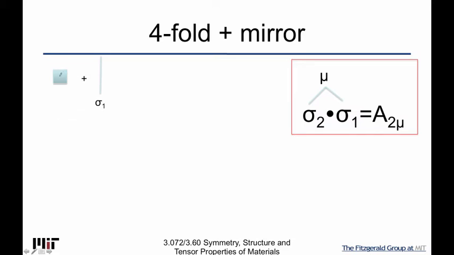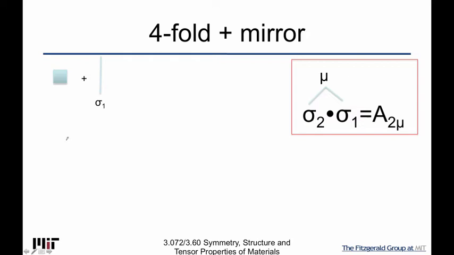In other words, if all I get from combining sigma 1 plus the fourfold axis is another mirror plane that was going to be induced anyway from the fourfold axis, a rotation of pi over 2, that's not a new element. Just like we showed before in the group, this fourfold symmetry is already going to have rotations of everything by pi over 2. So if all I get is a mirror plane rotated pi over 2, it is not unique, and I would just be calling it 4m.